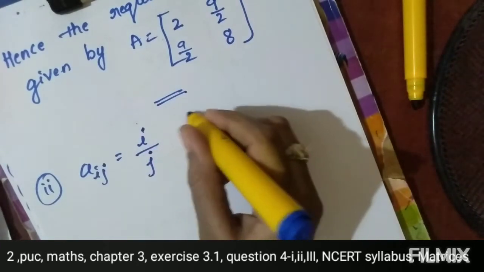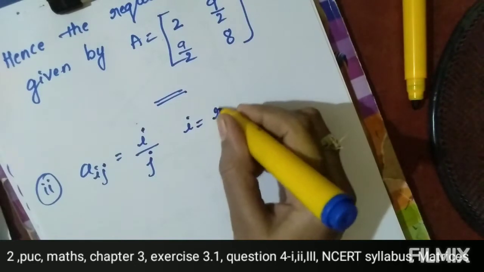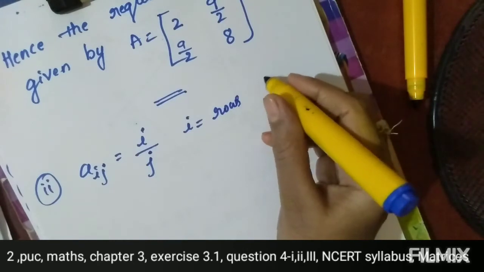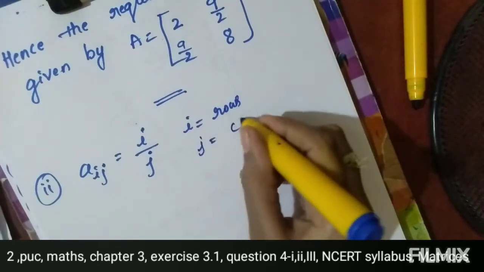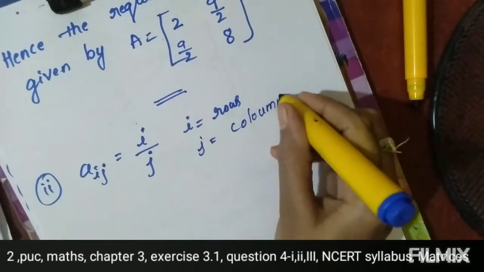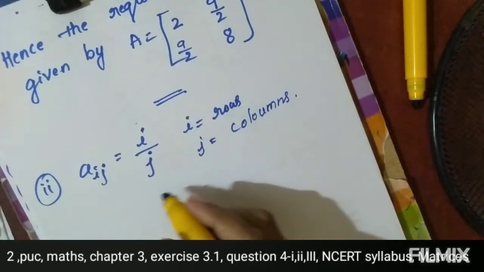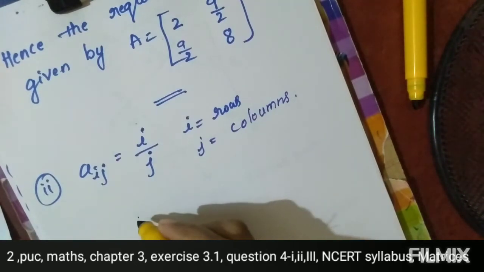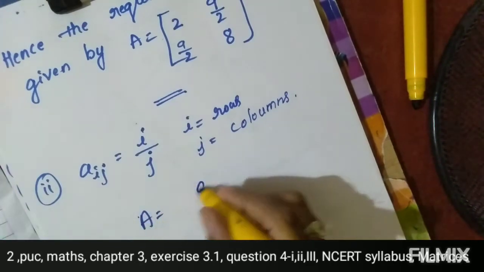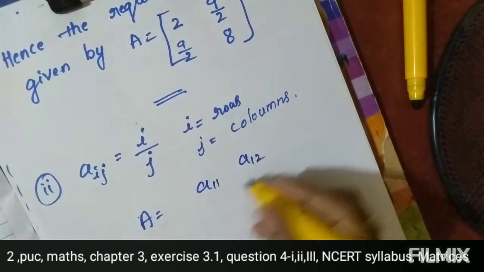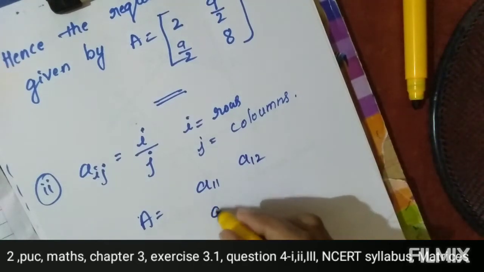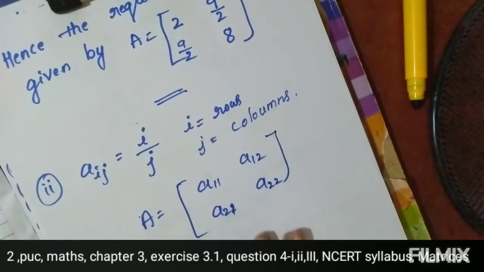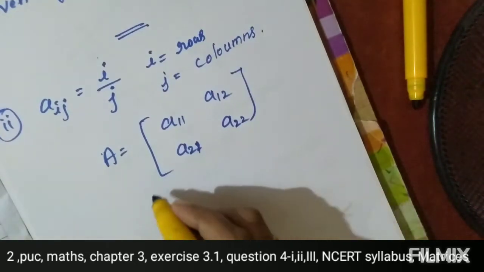We take i means rows and j means columns, and then we take A11, A12, A21, A22 as the 2 into 2 matrix.